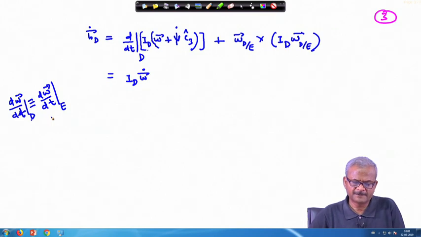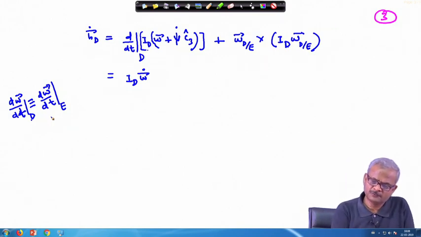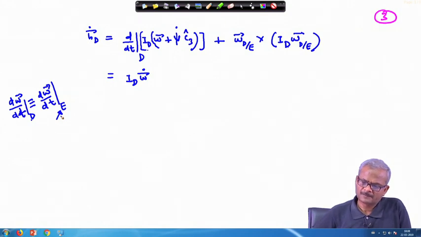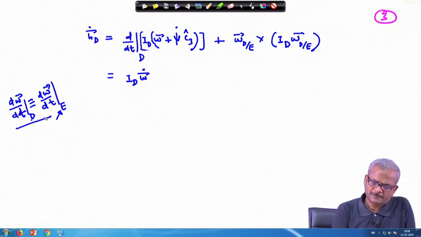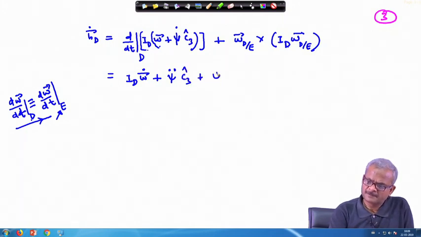While we differentiate the angular velocity, this goes with the E frame. So, if we write it here, I d times omega dot and then plus psi double dot C 3 cap and then psi dot and this C 3.